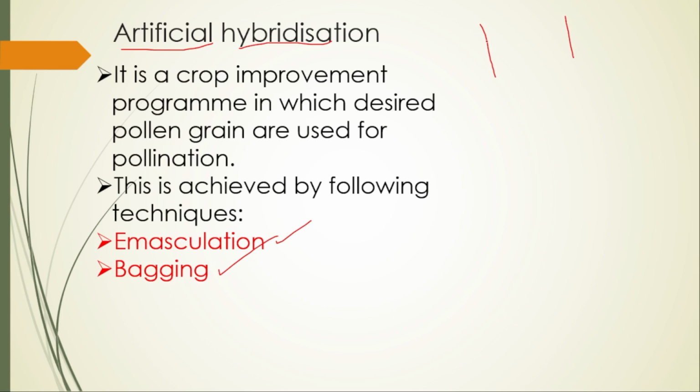Imagine this is one plant and this is another plant, each with a flower. This plant is producing green chili, dark green in color, but spiciness is very low, no spiciness at all.